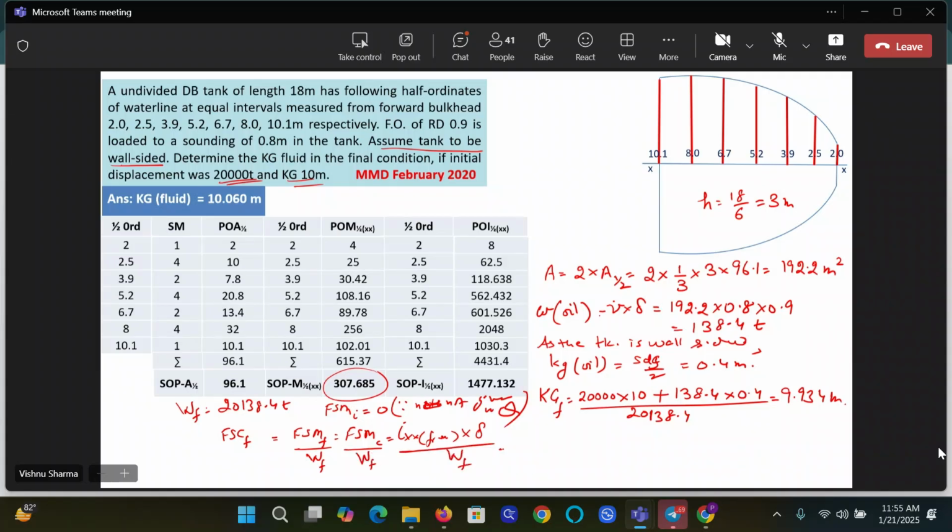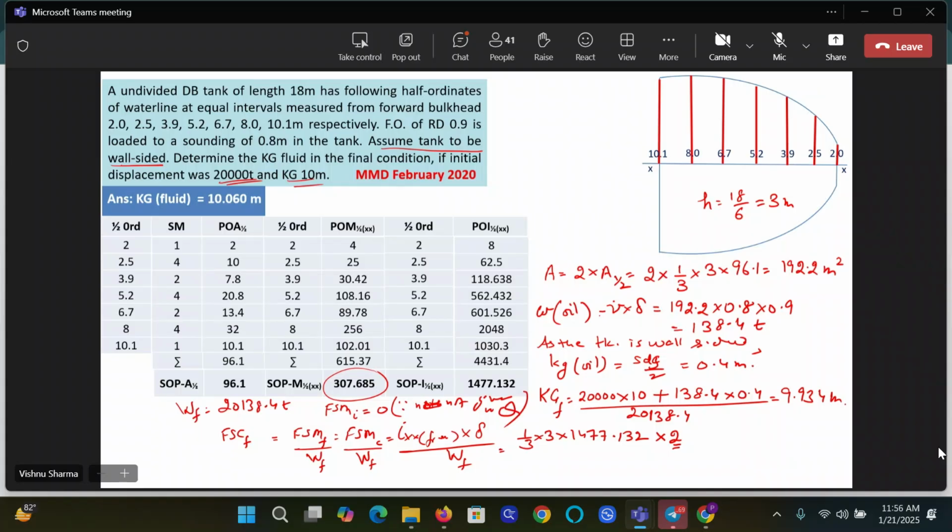So I can complete in one step. What will be the I? You already have Ixx of the free surface. So it is 1 by 3 into 3 into 1477.132. This is Ixx of half the surface multiplied by 2. Do not forget to multiply by 2, guys. Many a times people miss out on this, because that is only for half area. Am I right, beta?